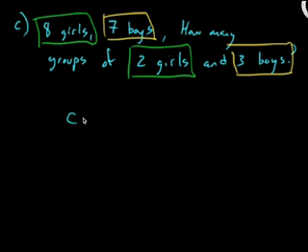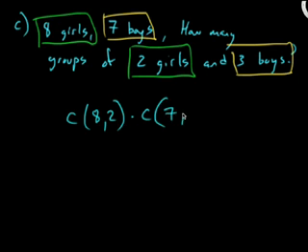That's going to be a combination, since I'm just choosing groups, not divvying up responsibilities. Of 8, I'm choosing 2, and that will represent the number of ways I can choose 2 out of 8 girls. And I'm going to multiply by the combination of choosing 3 out of 7 boys. So let's calculate both of these.